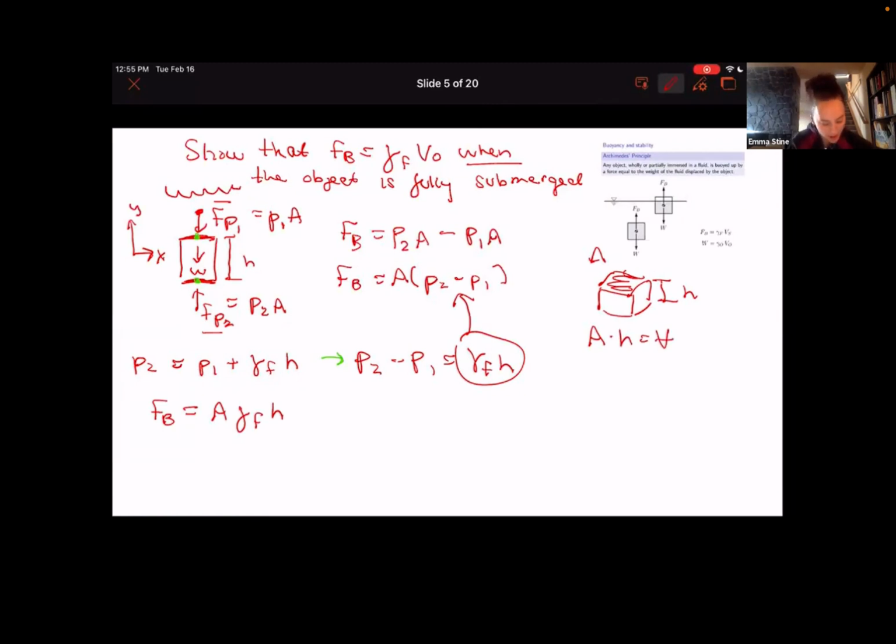So we can turn this into force buoyancy equals gamma fluid times volume of the object when it's fully submerged. Nice. Any questions? Cool. It's like one of the easier things hopefully you guys learn this class.